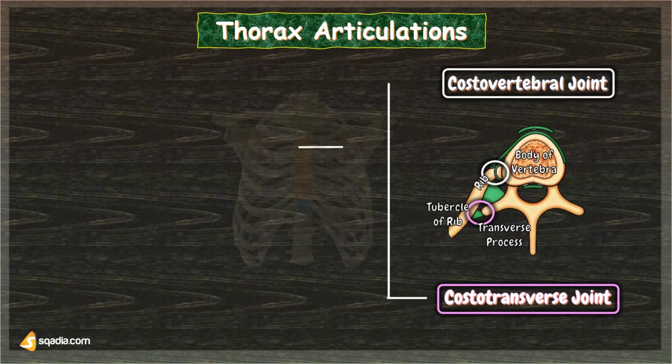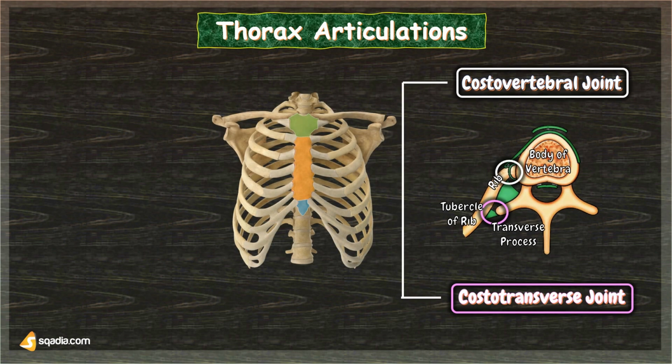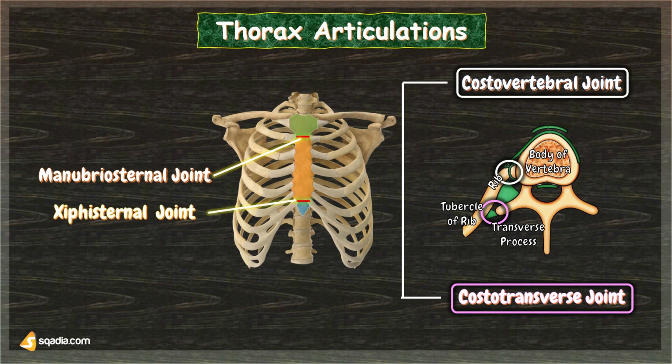The best way to memorize all the articulations of the thorax is to start from the middle and move outwardly. What I mean is that first, we have the two joints involving the central bone of the thorax, the sternum. We have the manubriosternal joint and xiphoid joints.